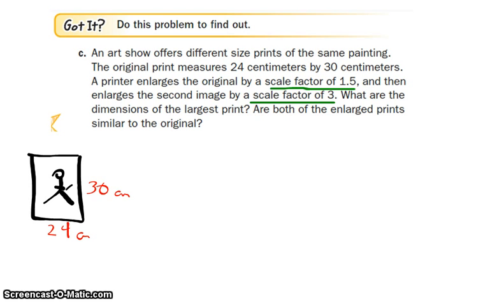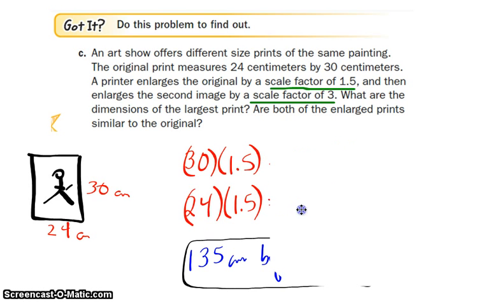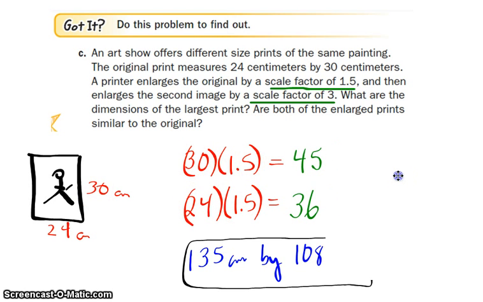So let's see, what is going to be our ending dimensions for this print? And this, by the way, is a portrait of Gavin right here. So if we do a scale factor of 1.5 first, okay, we've got to go 30 times 1.5 and 24 times 1.5. And what that does is it gives us 45 and 36.